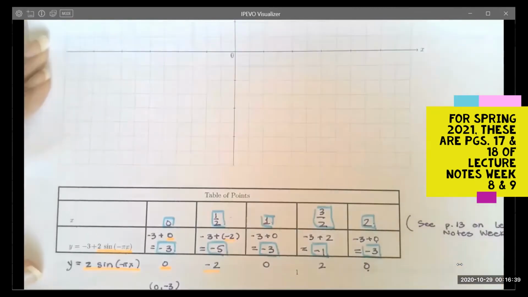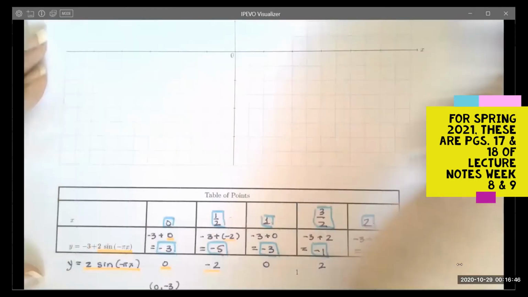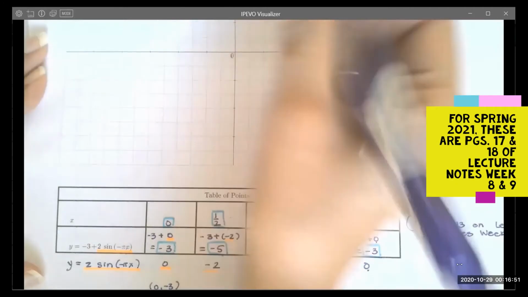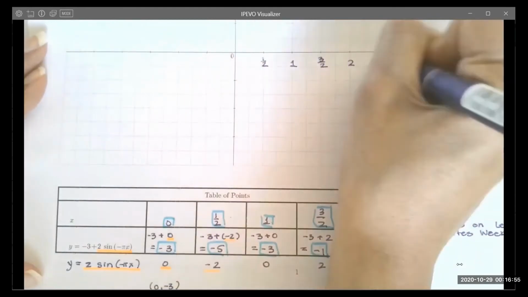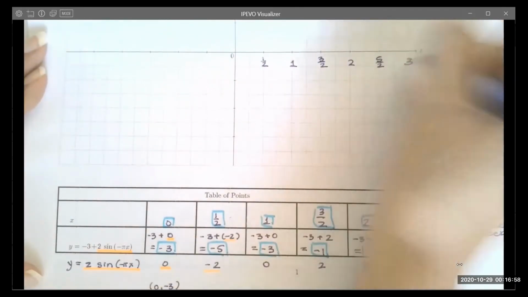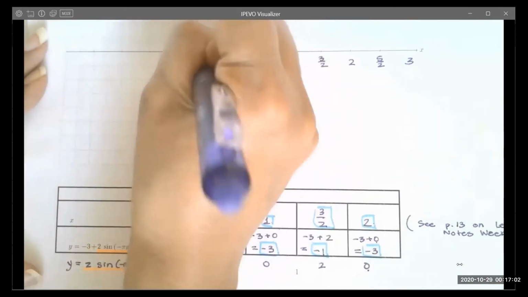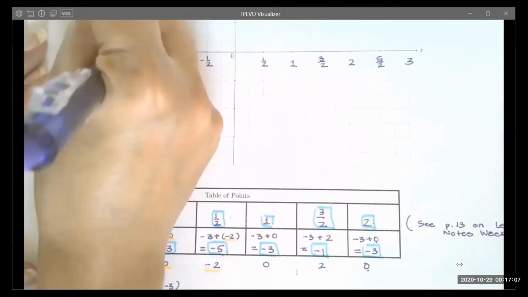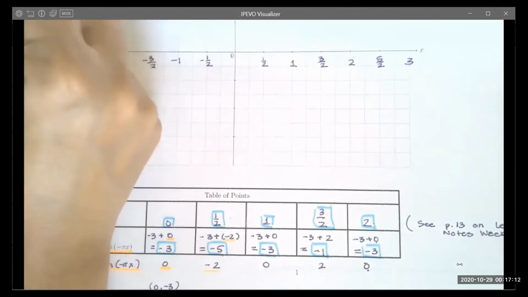So let's attempt that on the graph above. I'm going to first draw my tick marks: 1/2, 1, 3/2, 2, 5/2, and 3. Going in the negative direction, we're going to have negative 1/2, negative 1, negative 3/2, negative 2, negative 5/2, and negative 3.